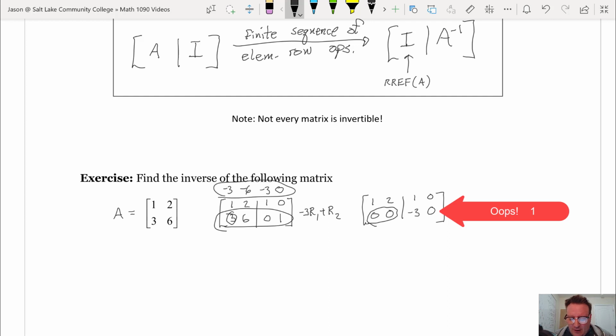Because now that I have zeros there, I will never be able to transform this into the identity matrix. I don't have any element in this position that I can use to clear out the 2 above. So this matrix is not invertible.